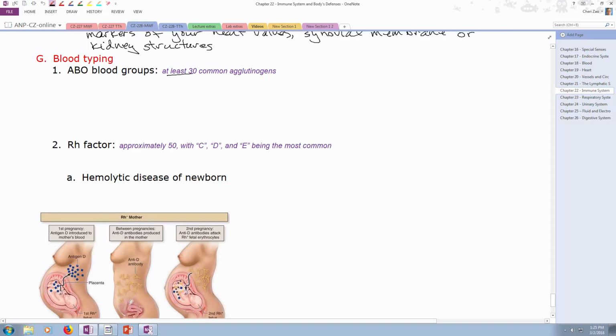There are at least 30 common agglutinogens, and the name is what we actually refer to as our red blood cell surface antigen. So RBC surface antigens are also referred to as agglutinogens. We do blood typing to prevent transfusion reactions.